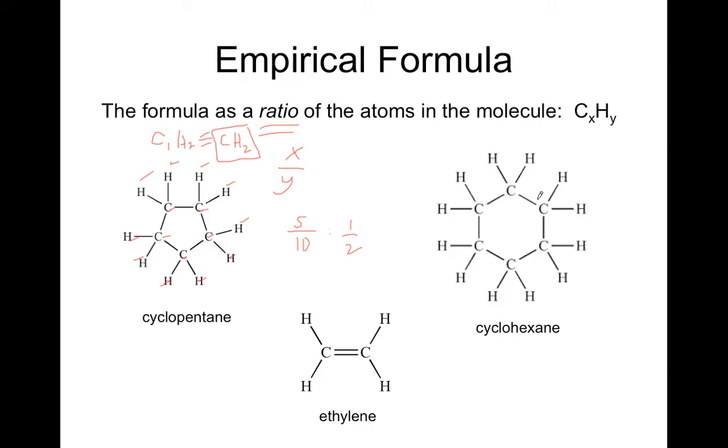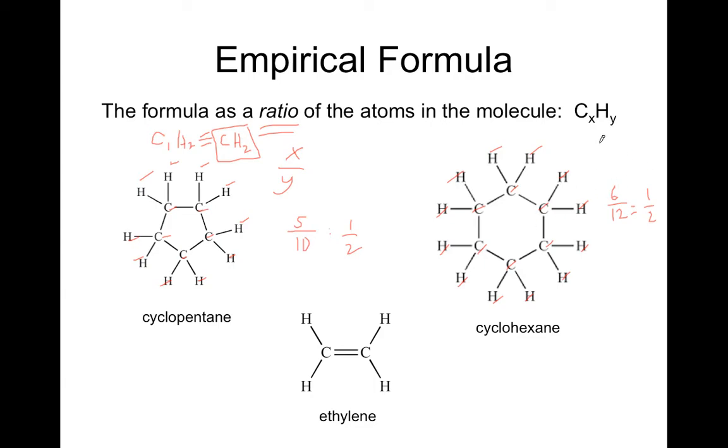Now let's look at the empirical formula for cyclohexane. 1, 2, 3, 4, 5, 6, 7, 8, 9, 10, 11, 12 hydrogens, and 1, 2, 3, 4, 5, 6 carbons. So 6 to 12, and it looks like we are at 1 to 2 again, right?